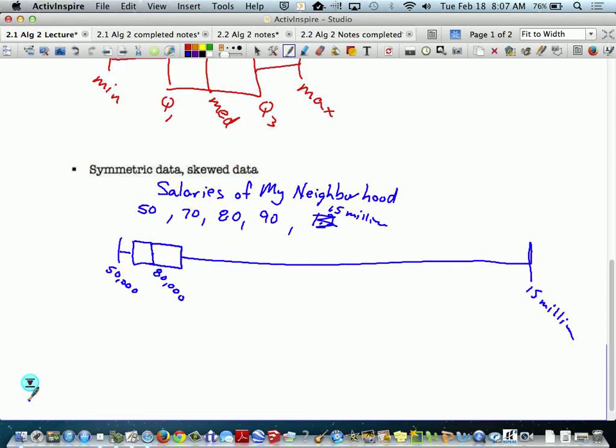Which way did our data get skewed? To the right. So this is skewed to the right. What term do we give that? 15 million.